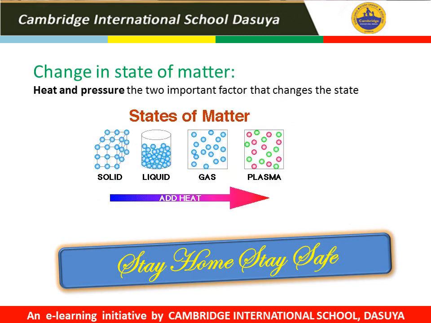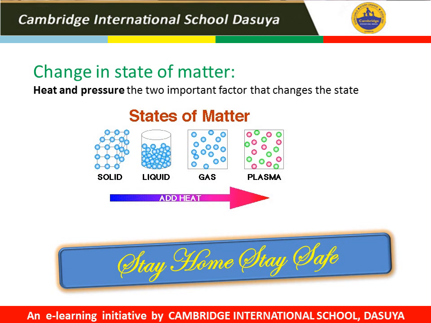Changing the state of matter. We know that heat and pressure are the two important factors that change the state of matter. For example, if we start heating a solid, the intermolecular forces weaken, it starts to melt, and we have the liquid state. In the liquid state, particles can undergo translational motion, they can move from one place to another, however they cannot leave the surface.